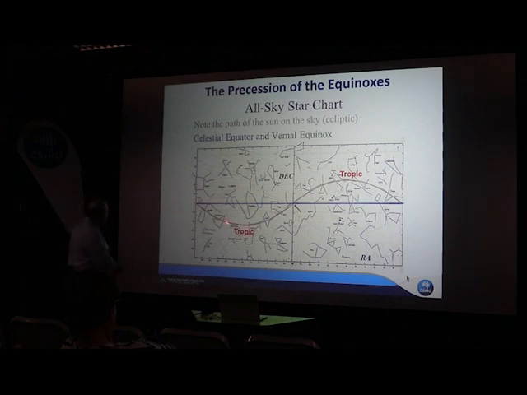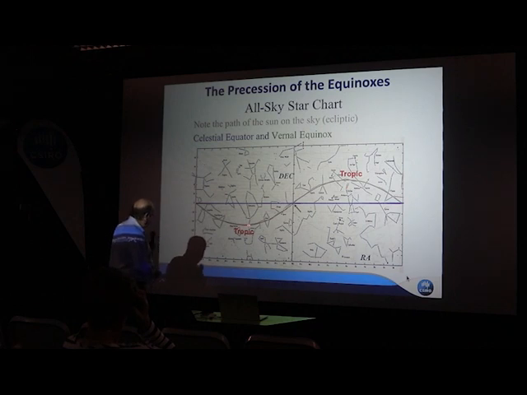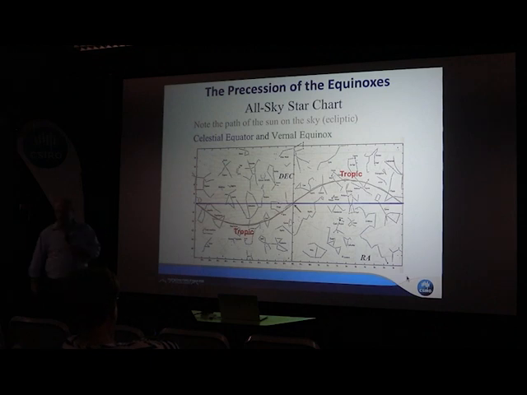Likewise over here, it was in Capricorn, so it was called the Tropic of Capricorn. But now it should be more accurately called the Tropic of Gemini and the Tropic of, what's that, Sagittarius or something, okay? But the names have stuck. Okay.